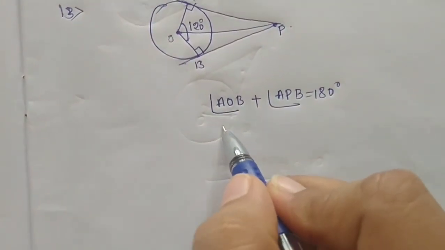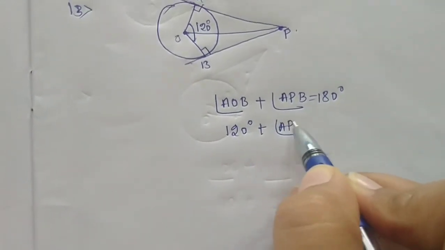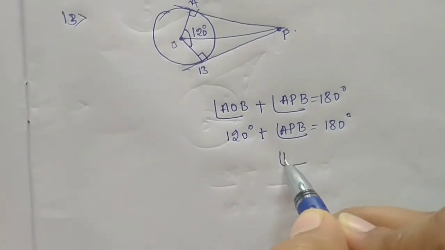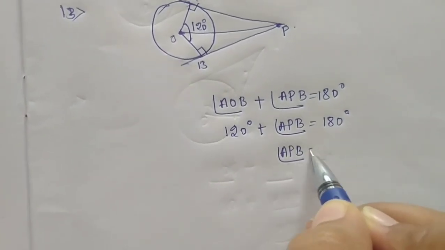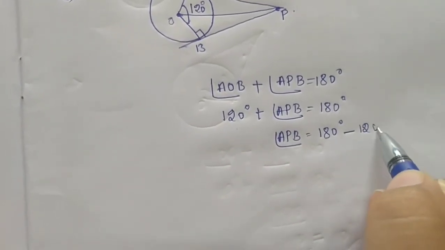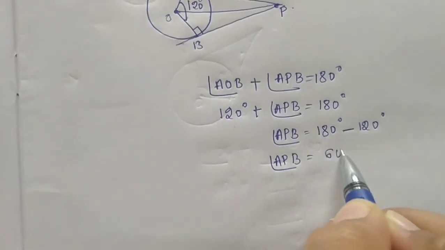Okay, so we know the value of angle AOB. Angle AOB is 120 degree plus angle APB will be equal to 180 degree. So angle APB will be equal to 180 degree minus 120 degree. Okay, so the value of angle APB is nothing but 60 degree.